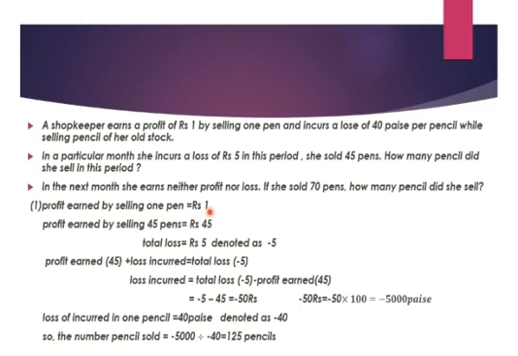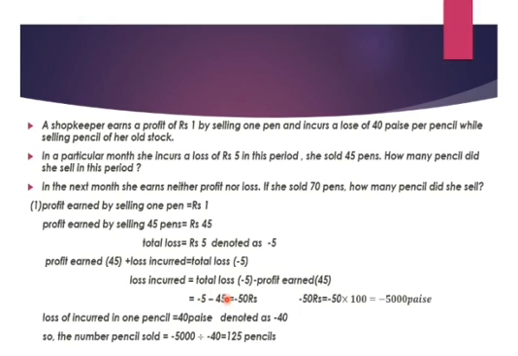Once more, profit earned by selling one pen is 1 rupee. In that way, for 45 pens she earned a profit of 45 rupees. But in that month, she has lost 5 rupees, denoted as the negative integer minus 5. Then profit earned plus loss incurred is equal to total loss. The total loss and profit are given. Then loss incurred is equal to total loss minus profit earned. We get minus 5 minus 45.